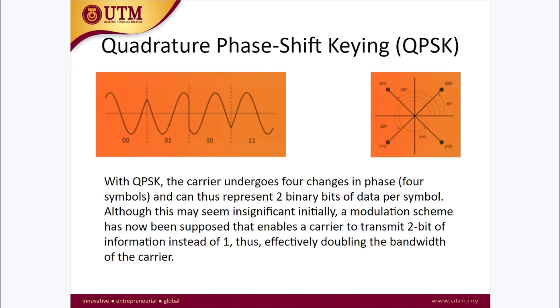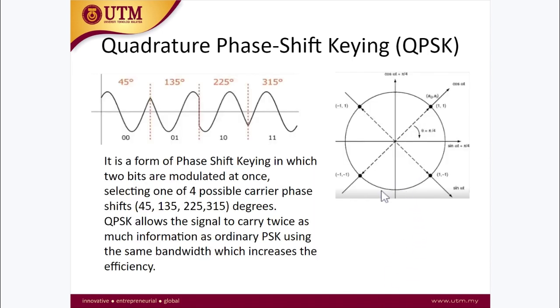We have 2-bit, 3-bit, and 4-bit. In quadrature phase shift keying, every phase angle is represented by two bits.